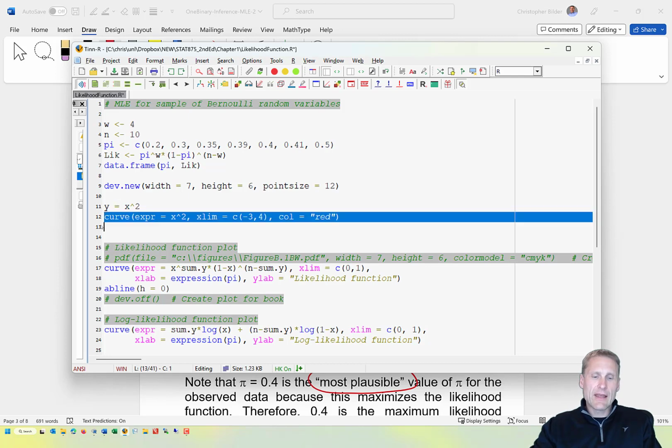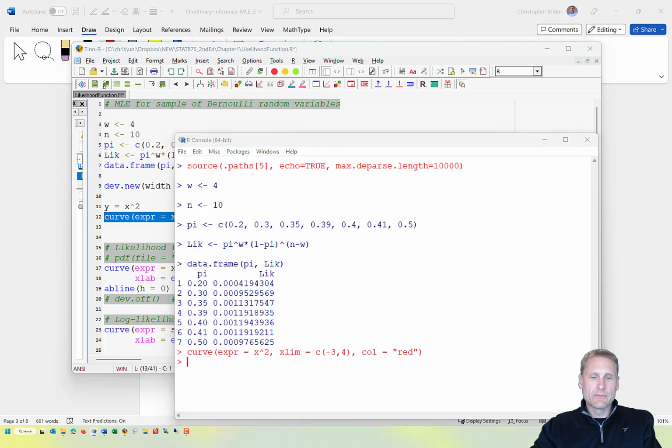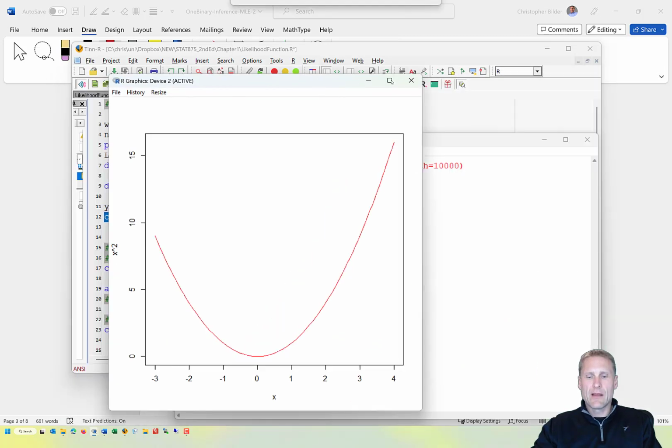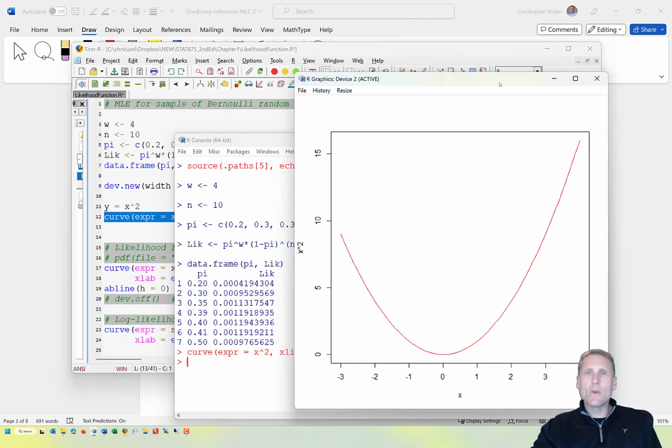So if I go ahead and run that code on another monitor that I'm looking at right now, my window opened up, and here's my graphics window. On my y-axis, I have y is equal to x squared. My x-axis has possible values of x, and so we can see, for example, when x is 0, x squared is 0 as well.